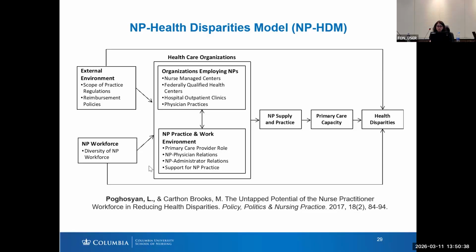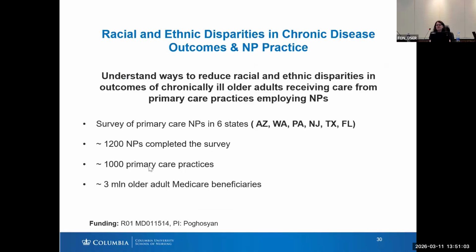With my colleague, we developed this model that says if you create good regulations for nurse practitioners at the state level, if you create a good place for NPs to work, then more NPs are going to work in those communities and in these clinics, and then you will be able to improve access to care and reduce health disparities. And most of the health disparities are among racial and ethnic minority patients.